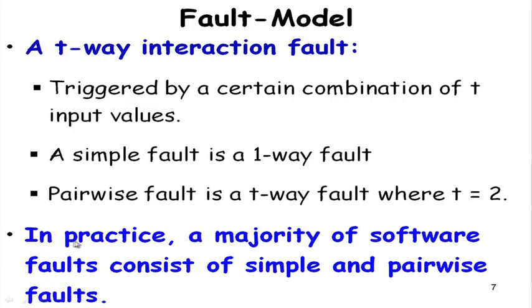Experiments show that a majority of software faults consist of simple and pairwise faults. Even for very large, complex software, if we consider pairwise faults, we would have got 80 to 90% of the problems identified. And if we consider 3-way or 4-way, we would have got almost every bug that is present, at a very reduced number of test cases.